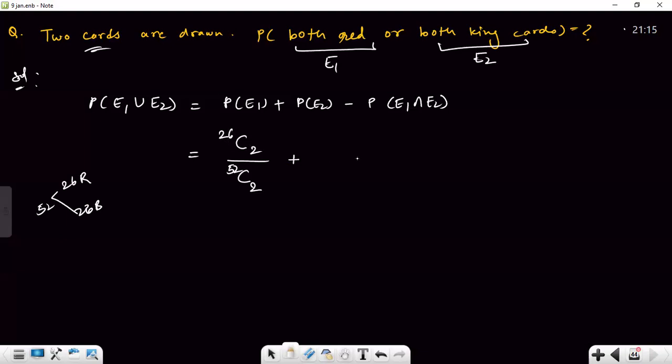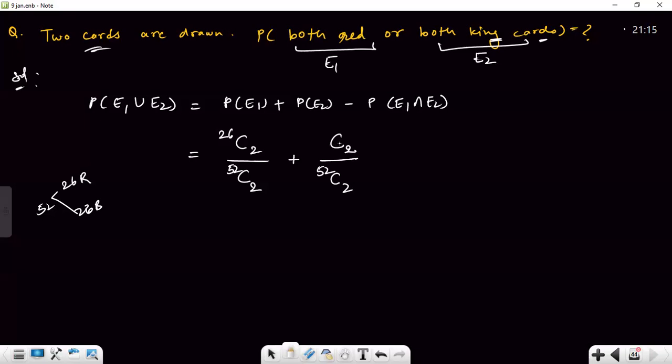We are selecting two cards at random from 52. Event 2 is getting king cards. How many kings are there in 52 cards? Four.